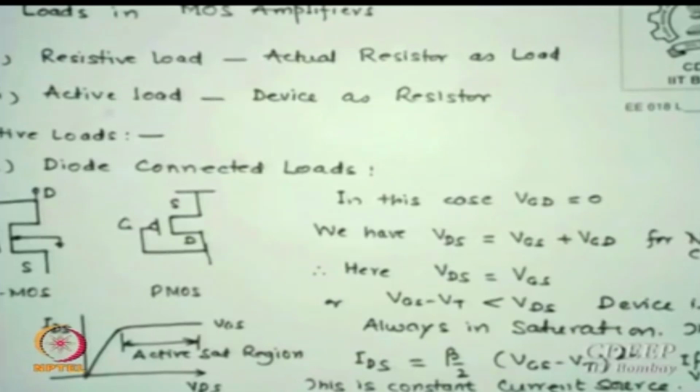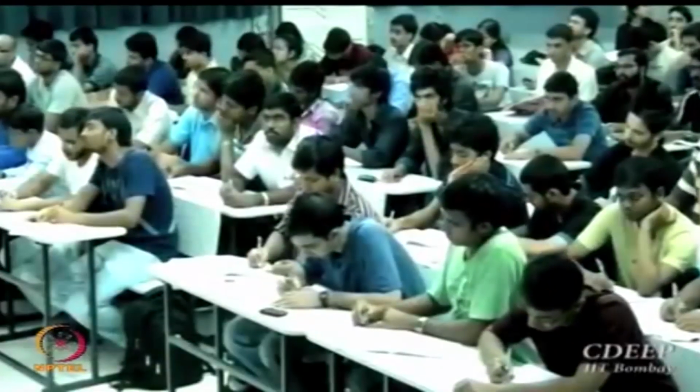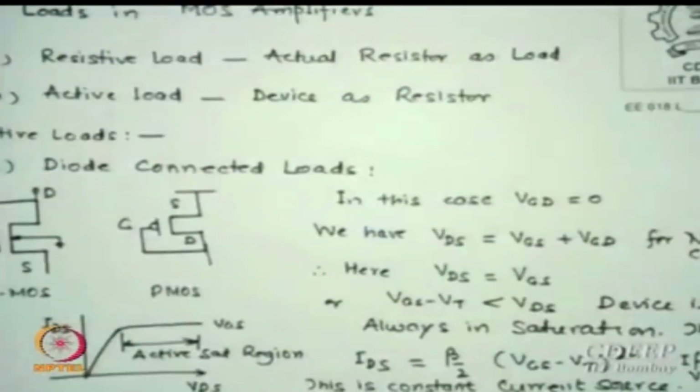Okay. The example I said is given in the formulation: VDS is VGS plus VGD. Since VGD is made 0, VDS is always equal to VGS, and therefore VGS minus VT is always less than VDS, and therefore the device is permanently in saturation. And the current characteristic can be written as beta by 2 times (VGS minus VT) squared, assuming lambda small.